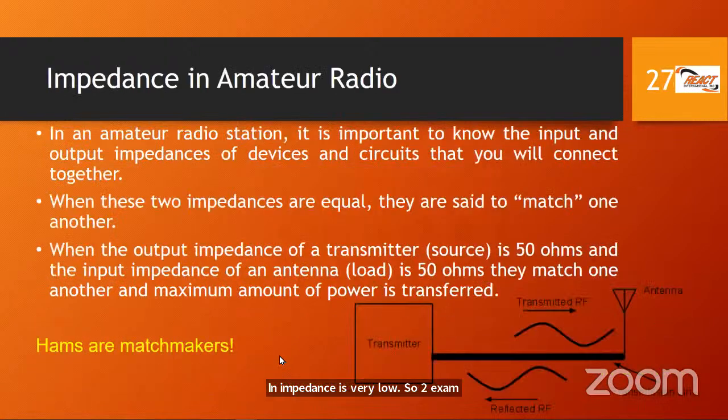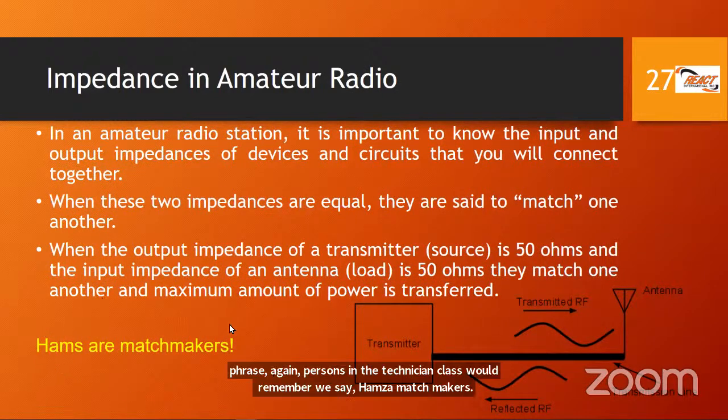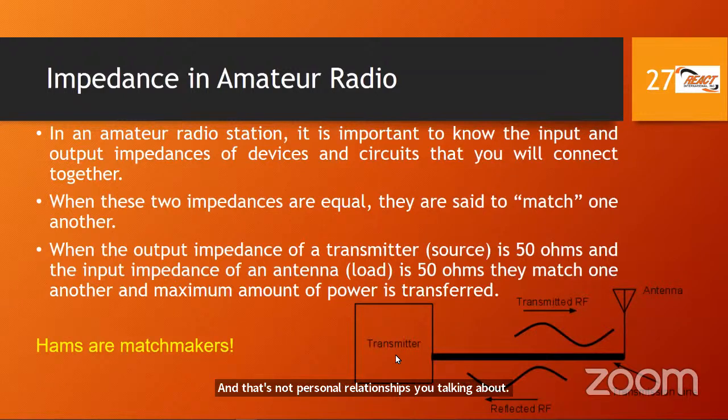Now that's quite a bit of theory, but you may be asking yourself, why does that matter in amateur radio? We looked at some formulae, some concepts, some various terms. How does that help me operate my radio, my transceiver, my transmitter? Well, it's so important that we have a phrase that persons in the technician class would remember: hams are matchmakers. And that's not personal relationships we're talking about. We're talking about matching physical equipment to each other, because the equipment needs to be efficient.